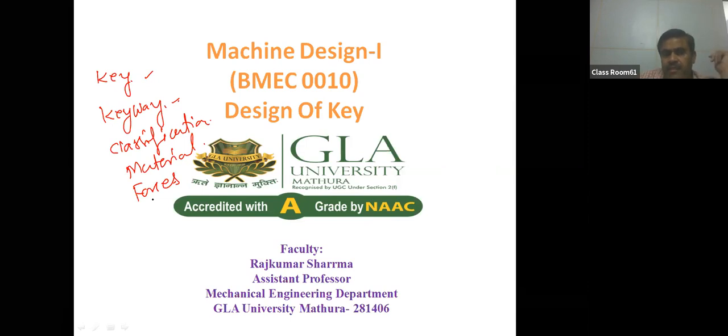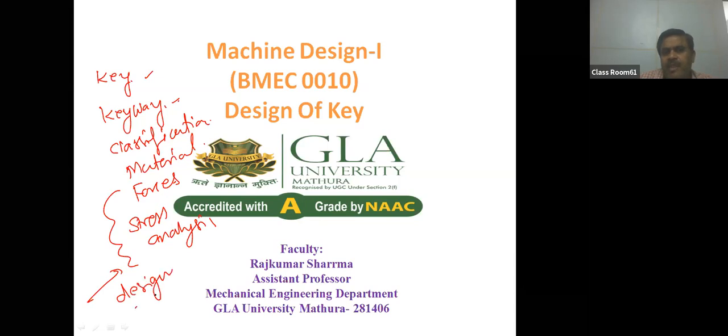Which forces are coming on the key, that we will discuss. We will do the force analysis. After force analysis, we will do the stress analysis. Both these things will be helpful in the design of the key. Once force analysis and stress analysis are understood, then design of the key is very simple. So let us start one by one.